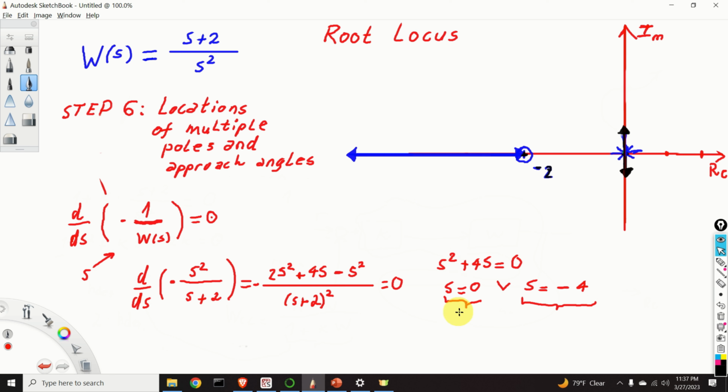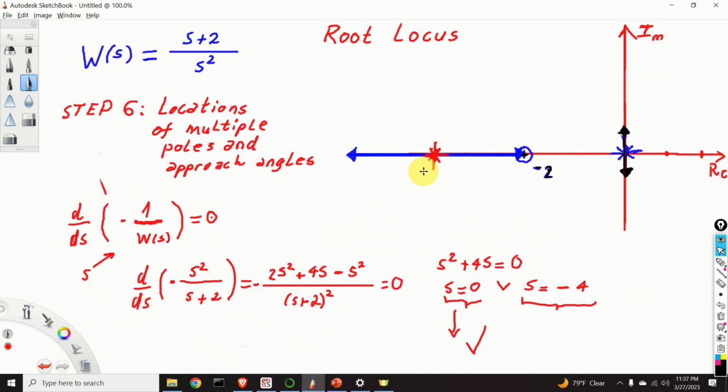Well, we immediately see s is equal to 0. Perfect. These are 2 poles over here. So in fact, this is correct. This is the first point of multiple poles. It's given over here. How about s minus 4? S minus 4 is given over here. And we expect that in this point, we will have multiple poles.